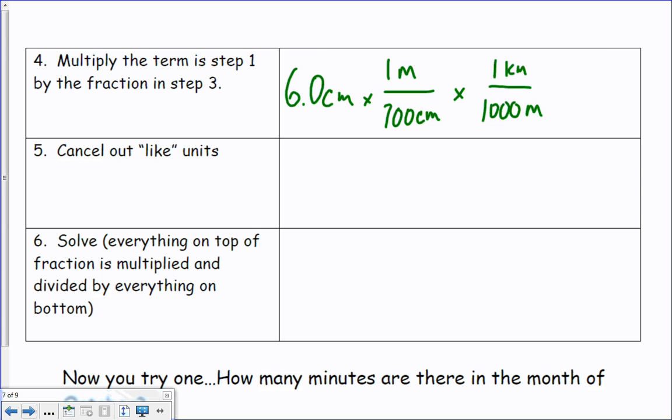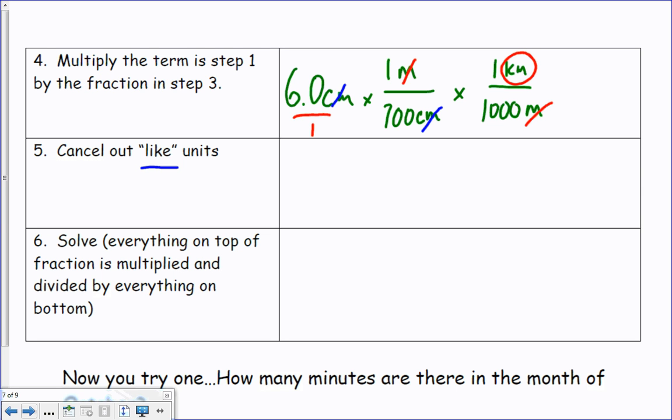So now in step 6, I can cancel out like units if I set them up so that one's in the numerator and the other's in the denominator. This one's slightly easier to see because we have to remember this is divided by 1. 1 meter leaves me with kilometers, which is what I was asked. So step 6, solve: everything on top of the fraction is multiplied, and then divide by everything on the bottom.